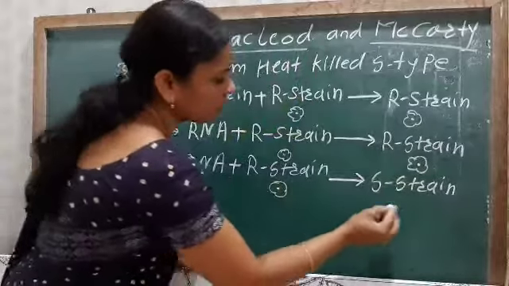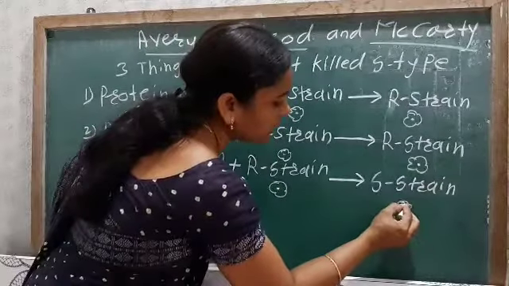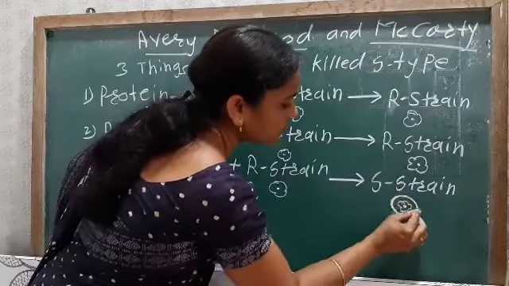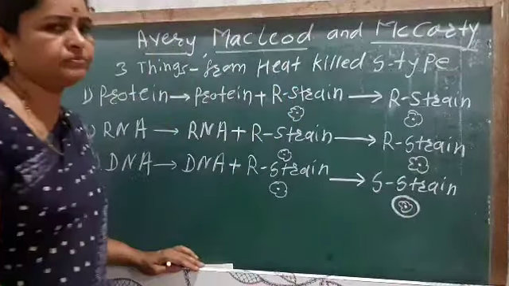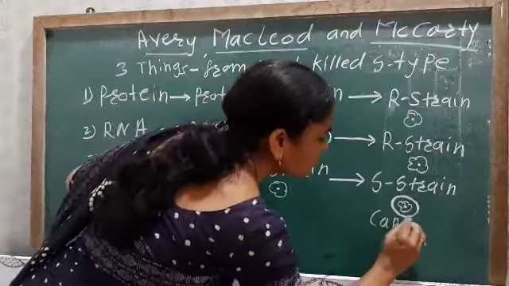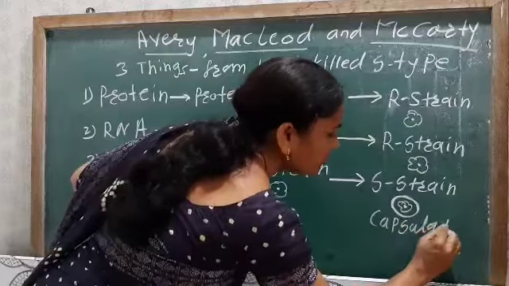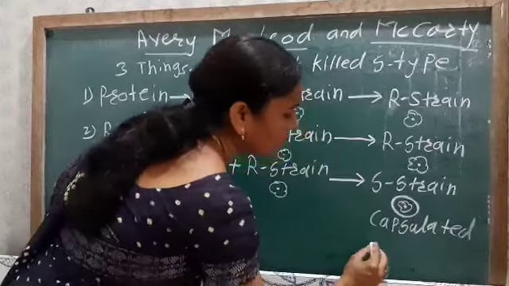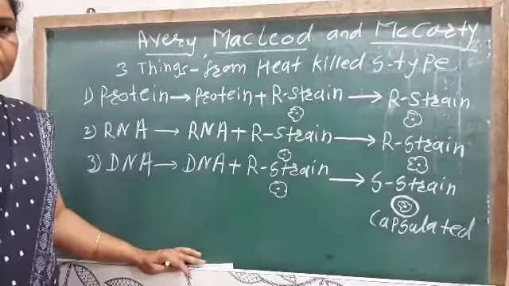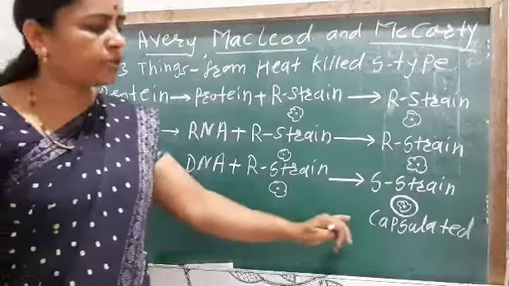This R strain bacteria gets capsulated, that is it produces a wall around itself and becomes capsulated, which is virulent, that is pathogenic.